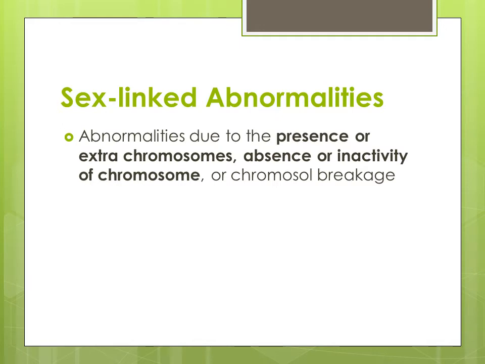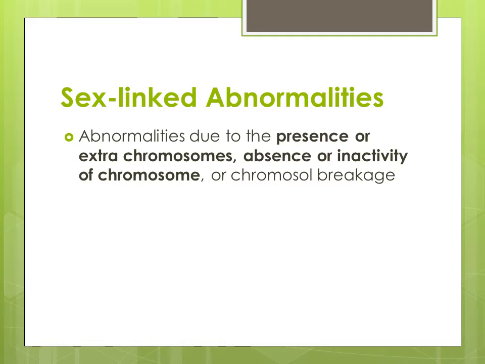Now, there are abnormalities during fertilization or when the child is still in the womb. Let's go first to the first type of abnormalities, that is the sex-linked abnormalities. These abnormalities are due to the presence of extra chromosomes, absence or inactivity of chromosomes, or chromosomal breakage.